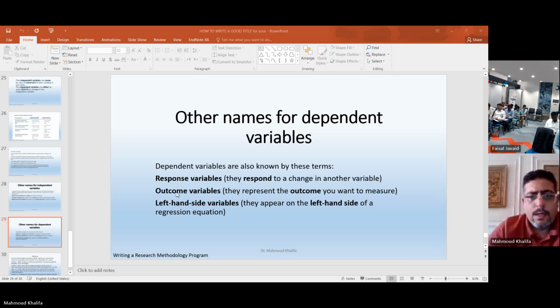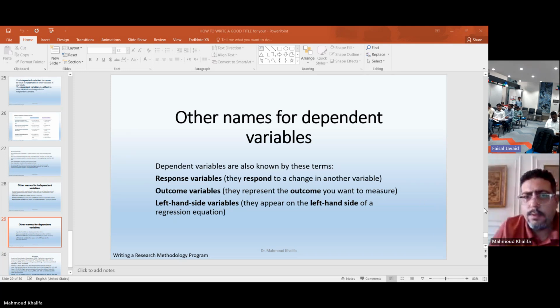Okay? We just have a few minutes left, so we are going to the research objectives. This is the third topic, writing research objectives.